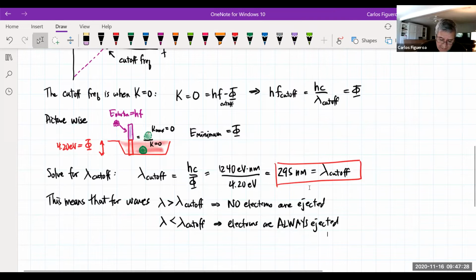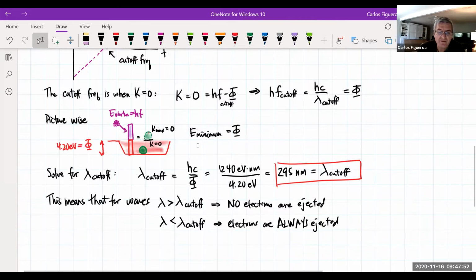So what I wanted to do here is go in and use the PhET applet. Now, in hindsight, now that I'm rewriting my notes, I shouldn't have used aluminum. I should have used sodium or one of the elements.